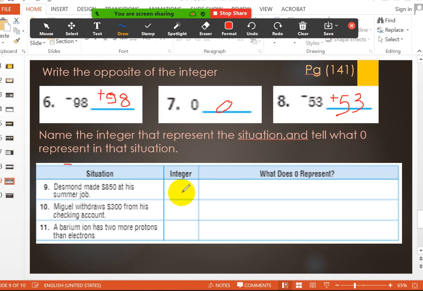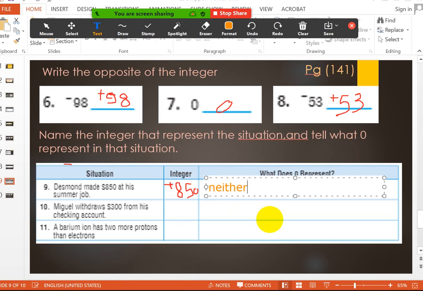Made $850, that means positive, of course. What does 0 represent in this situation? If he made 0, that means he didn't make anything or lose anything. That means he didn't make any money or lose any money.